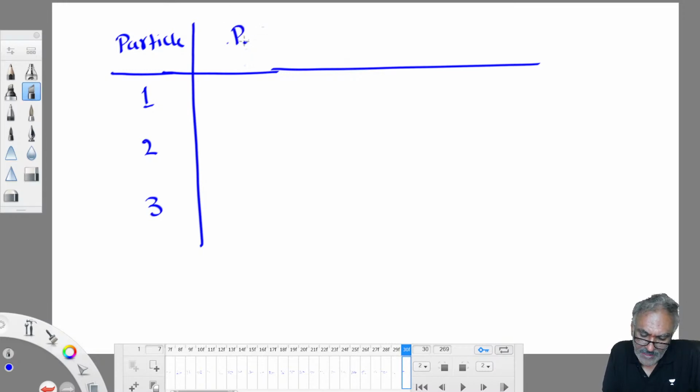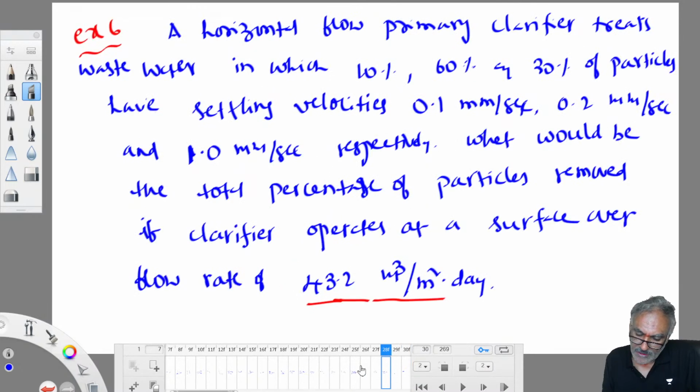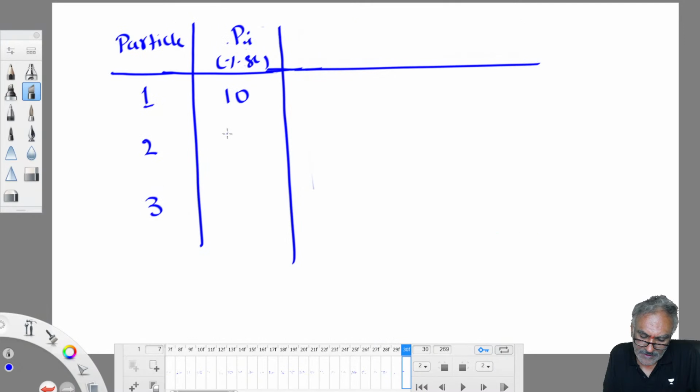That is also given to you: particle 1 is 10%, particle 2 is 60%, particle 3 is 30%. So the total is 100%; if you sum up, you should get 100.